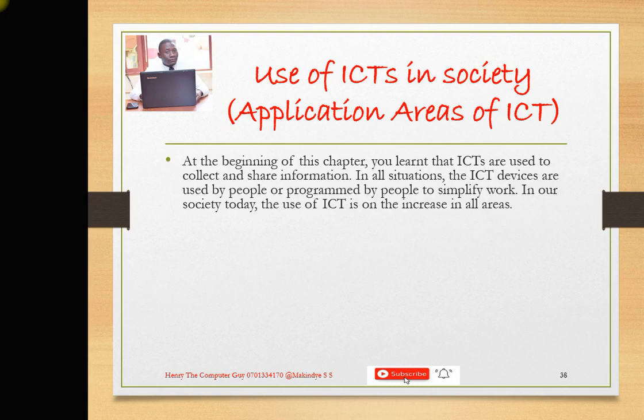It can be a mobile phone, use internet, etc. In all situations, the ICT devices are used by people or programmed by people to simplify work. In other words, society today uses ICT and it is on the increase in all areas.